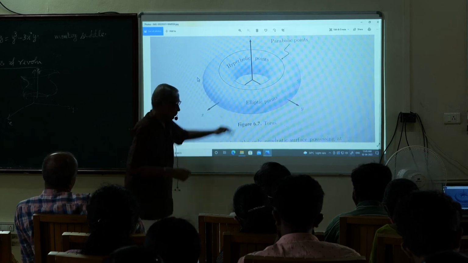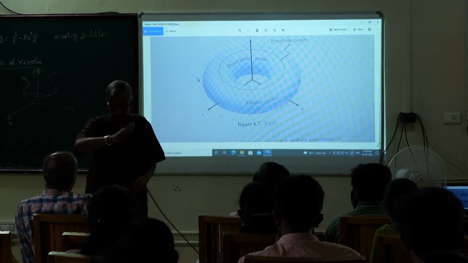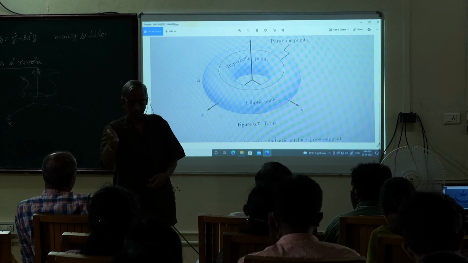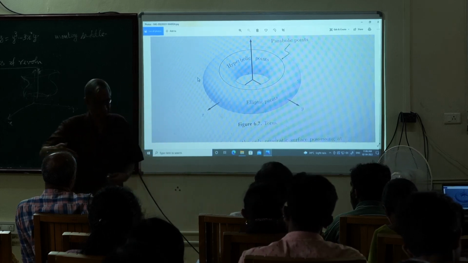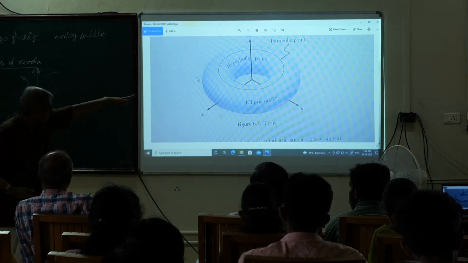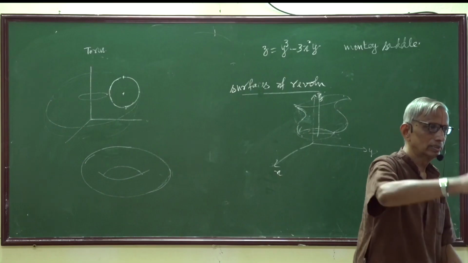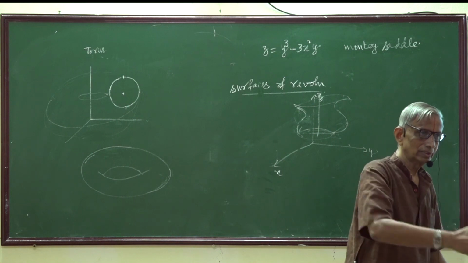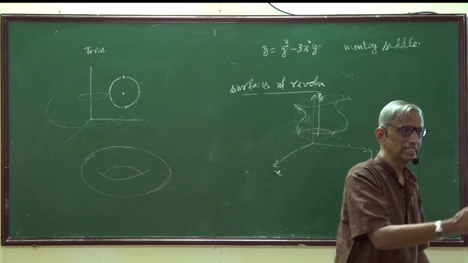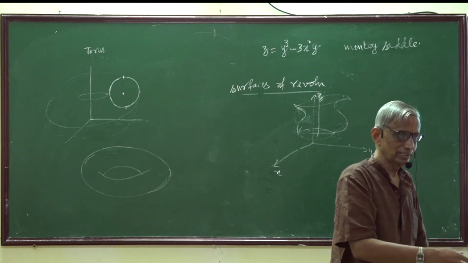See, if at a point on the outside the surface curves like this, you have positive curvature. Inside the hole there, the surface curves like this, so points there have negative curvature.